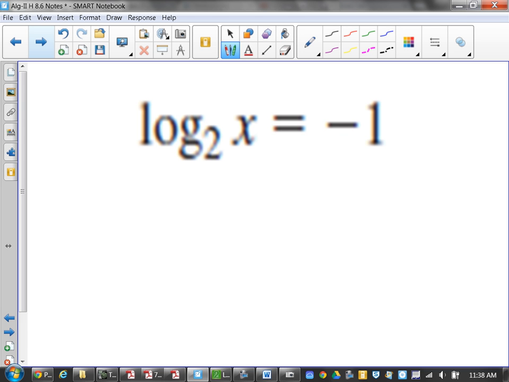If I exponentiate it, x equals 1/2. Because think about the rule of log here. Log base 2 of x equals -1. That's when we say 2 to the negative 1 is x.